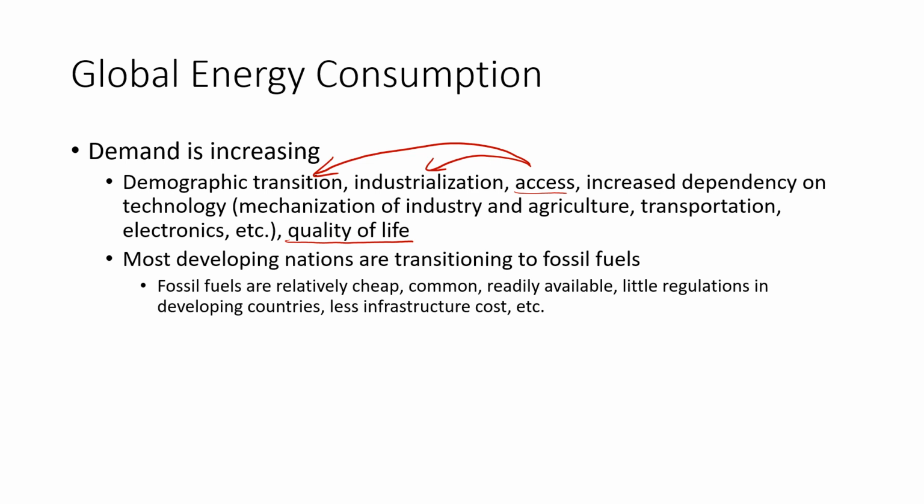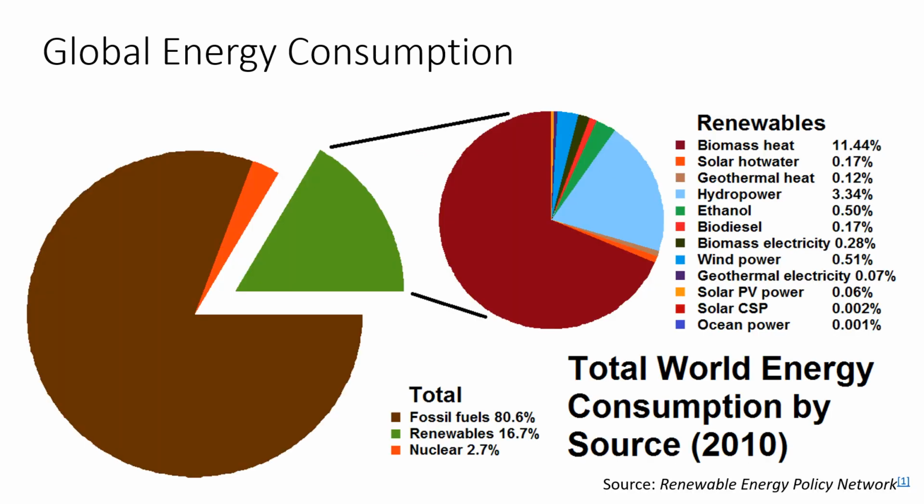And again, like I said on the last slide, fossil fuels are cheap, they're pretty common, they're readily available, and in stage 2 nations and industrializing nations, there's typically little regulations and laws around pollution and what can and cannot be used. Okay, they just haven't been passed yet because they haven't experienced the levels of pollution that result from fossil fuel use.